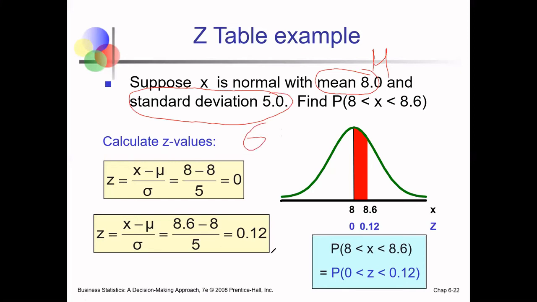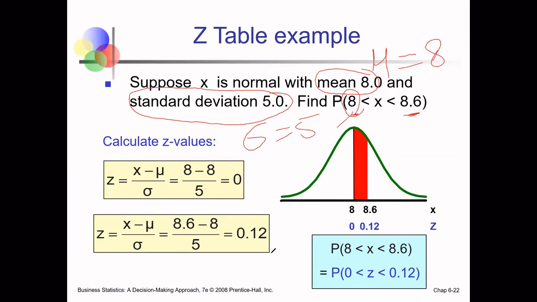The mu is 8, the standard deviation is 5, and the values of x are 8 and 8.6. First we will convert 8 into z.